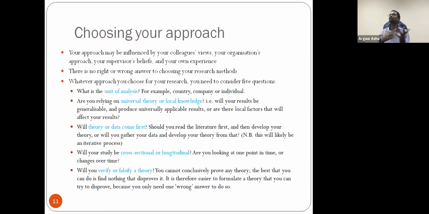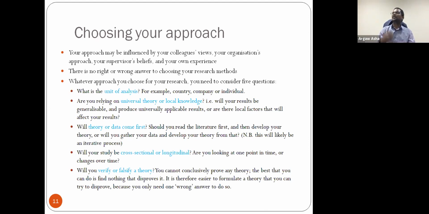Then, are you going to use cross-sectional or longitudinal approaches for your studies? That means, are you going to look at one point at one time, or are you using some cross analysis for your data?